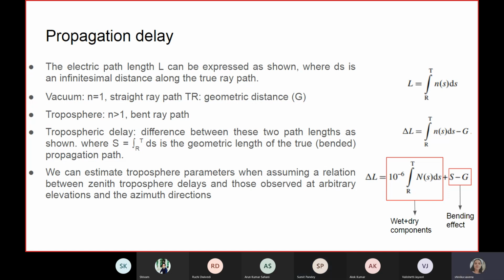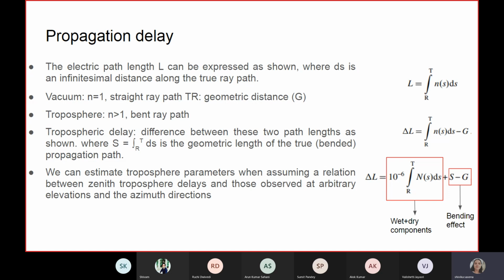Okay, electric path length is the true ray path. The longer distance that has been traveled by the signal from satellite to receiver is given by the electric path length. Okay, wherever it is bending, wherever it is traveling a little bit more, in whichever atmospheric layer it is, taking a different direction and traveling before being received at the receiver.